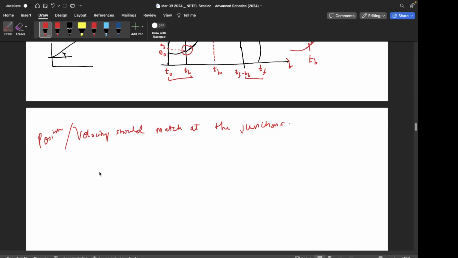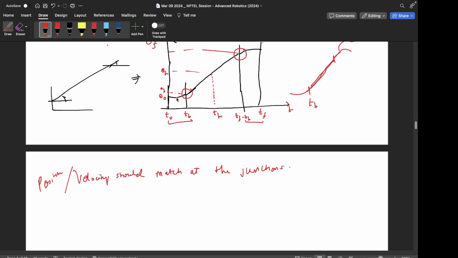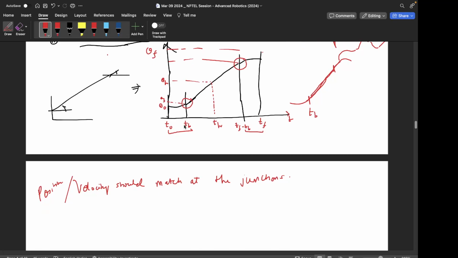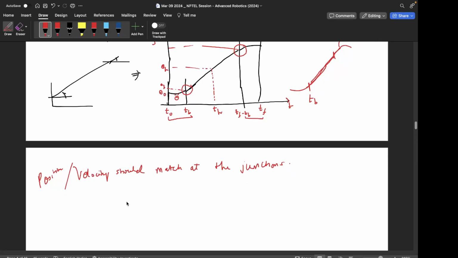So now if you see this plot, the average velocity in the parabolic part, right, and also what we do is that we try to find out the acceleration in this part, right? So theta double dot, okay.